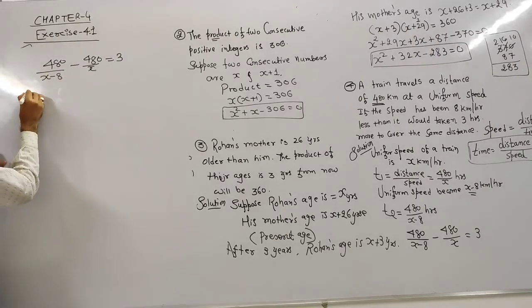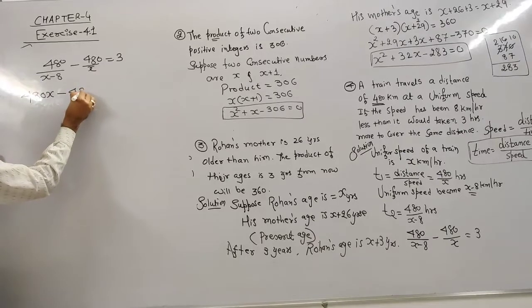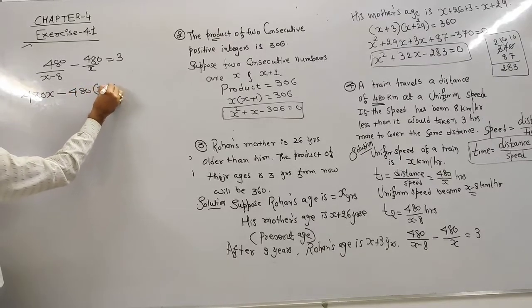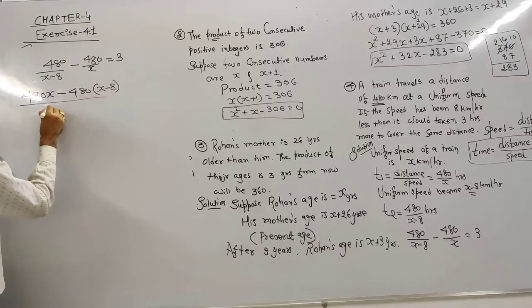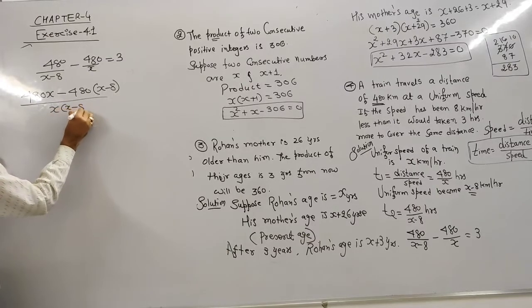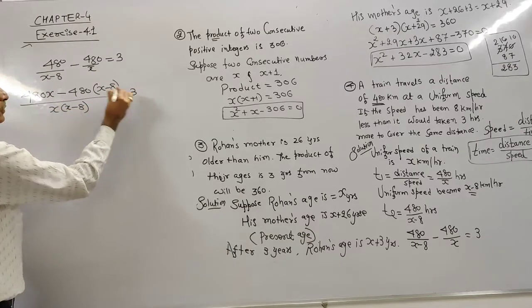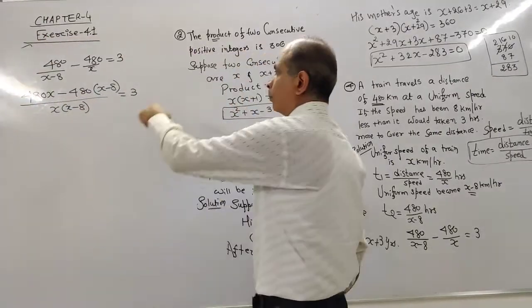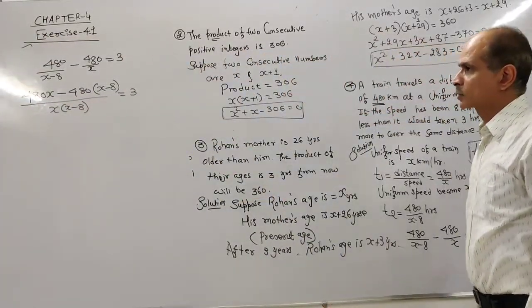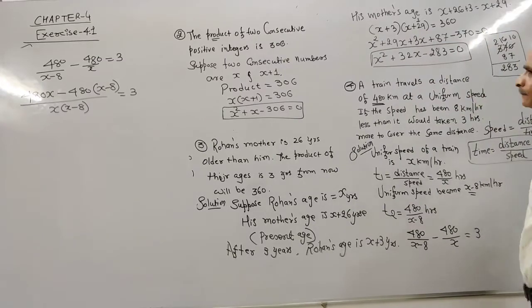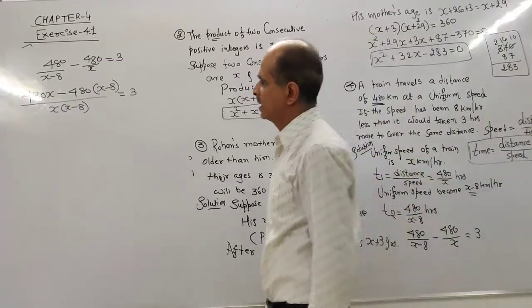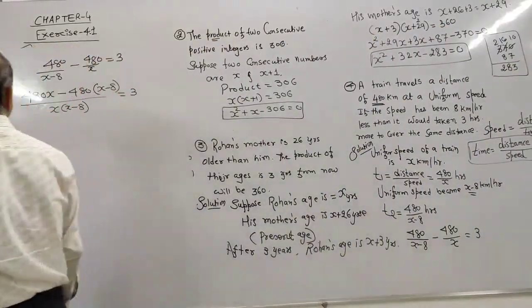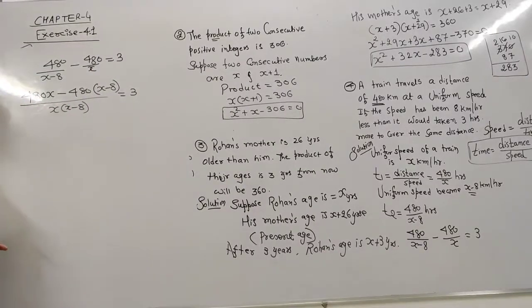Let me cross multiply. So 480x minus 480 into x minus 8 upon x into x minus 8 is equal to 3. See, this is cross multiplication. 480x minus 480 into bracket x minus 8 upon LCM x into x minus 8 is equal to 3.